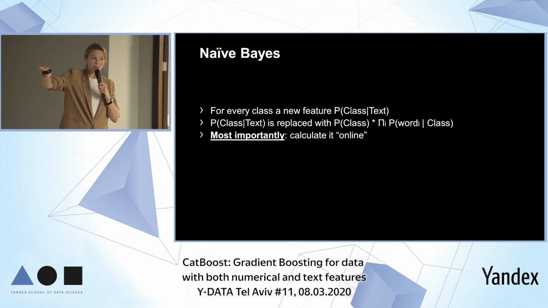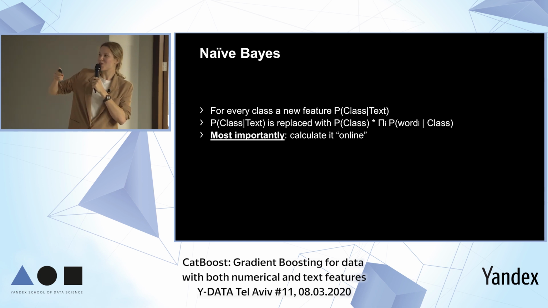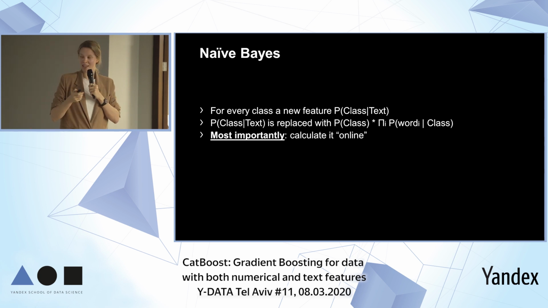When you are calculating a feature value for some particular sample, you are only using the samples before this one. So you are never looking into the label value of this particular sample. That's the second numerical feature that we are calculating for this sample. It's not one feature, it's a number of classes, so it's several features. For each class, you have a new feature.